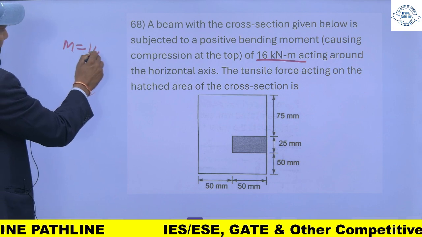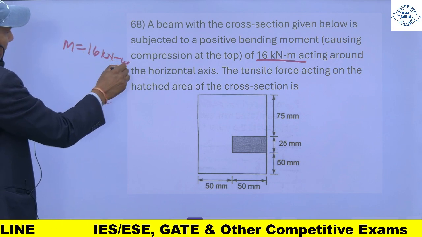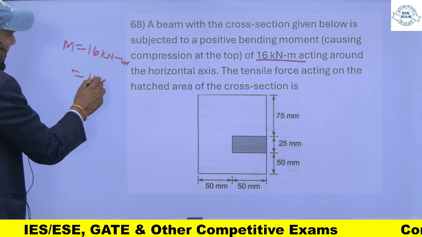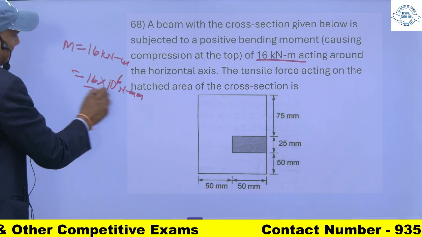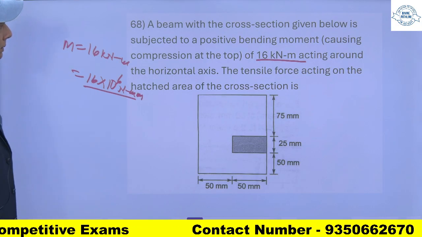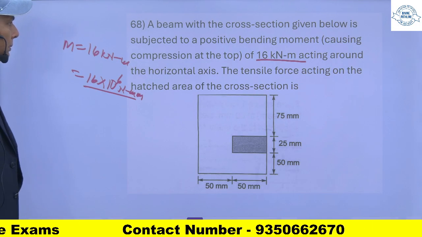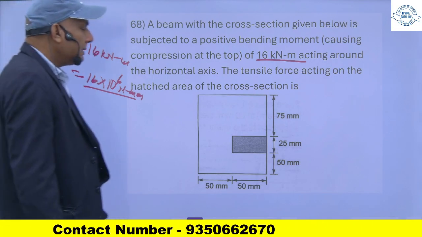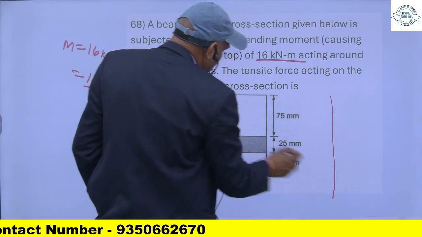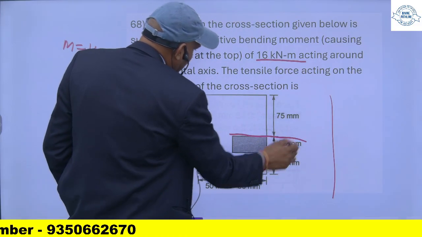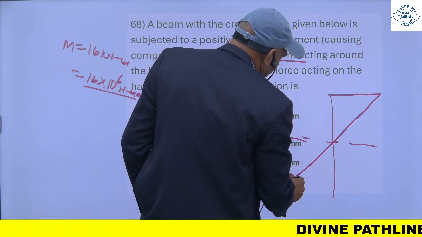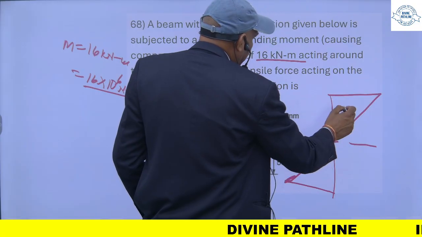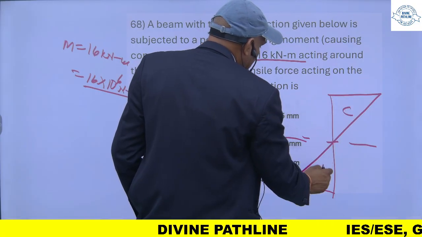So M is equal to 16 kilonewton meter, which means 16 into 10 raised to the power 6 Newton mm. So neutral axis will be half of this. This is compression and this is tensile.